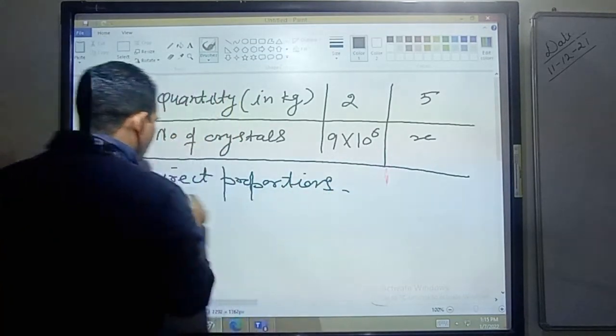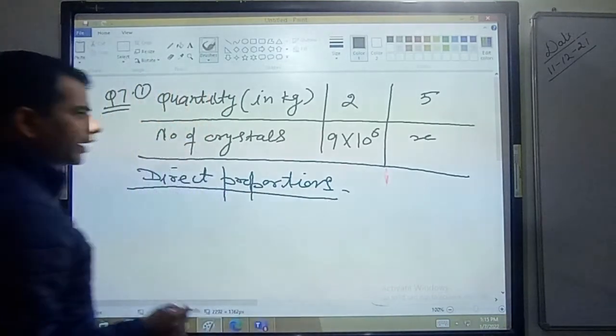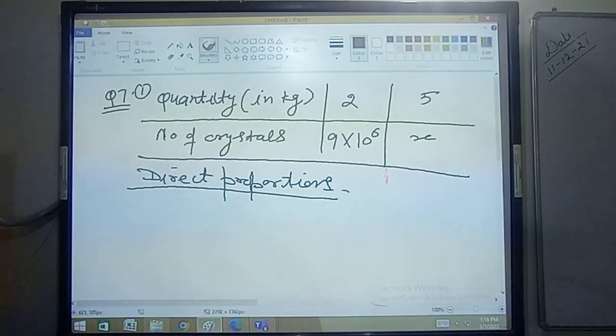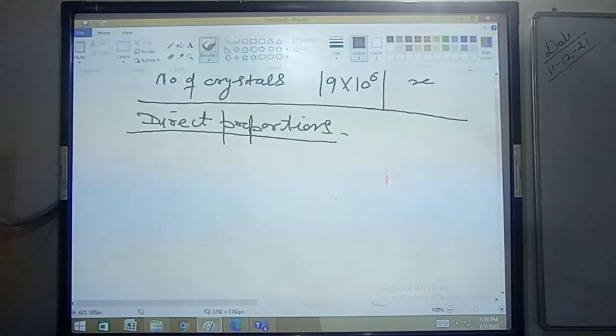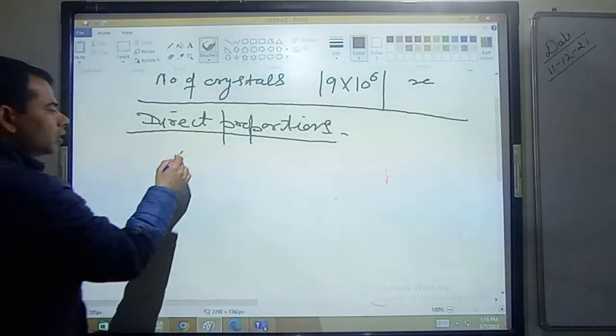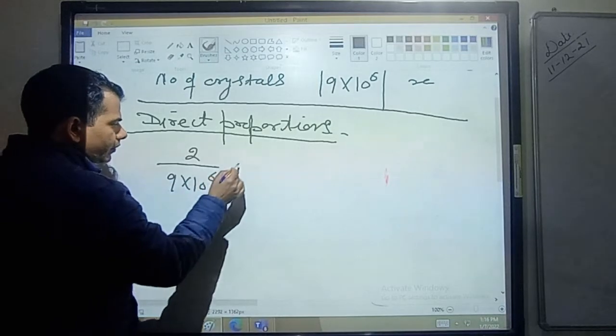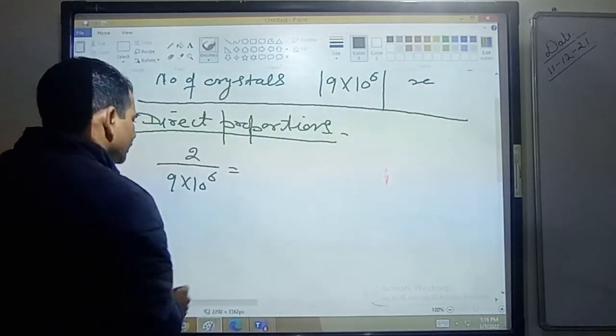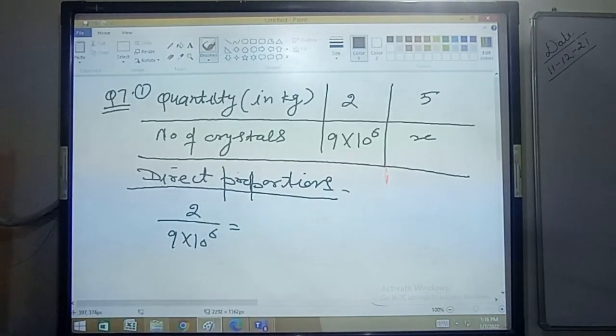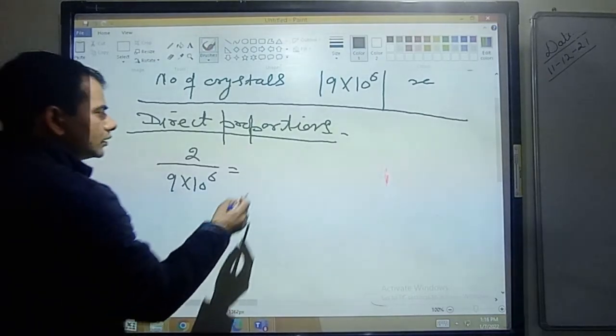In direct proportion, 2 upon 9 into 10 raised to power 6 equals 5 by x.